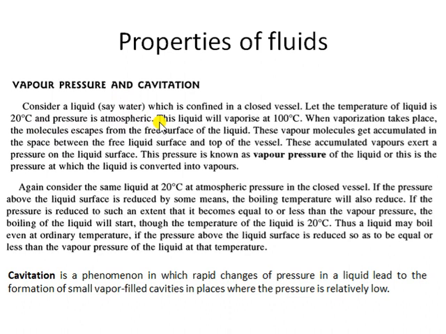When you start heating that liquid, let's say it is water, up to 100 degrees Celsius, the water will start boiling and convert into vapors. Vapor will leave the surface of the water and accumulate between the free surface and the top of the vessel. So there will be more vapors accumulated at the top of the free surface.